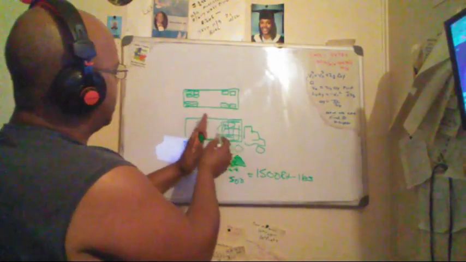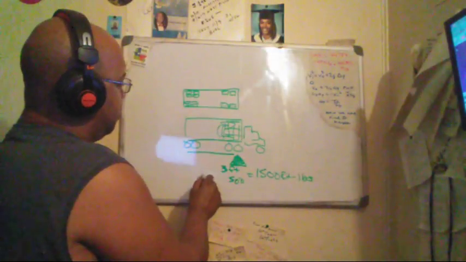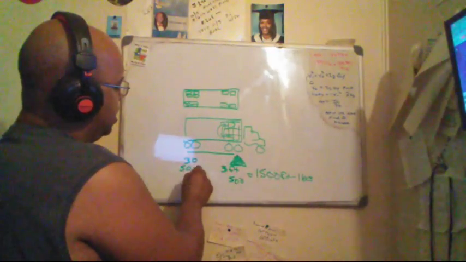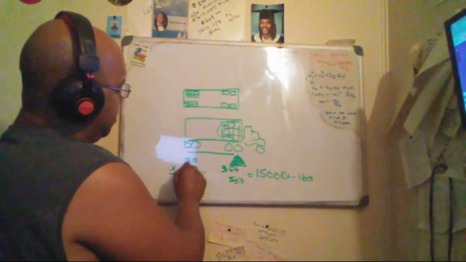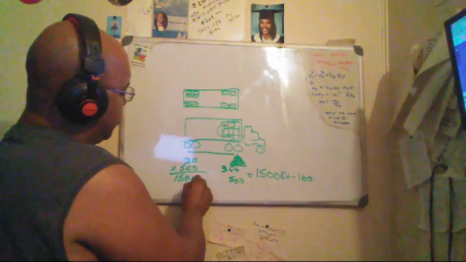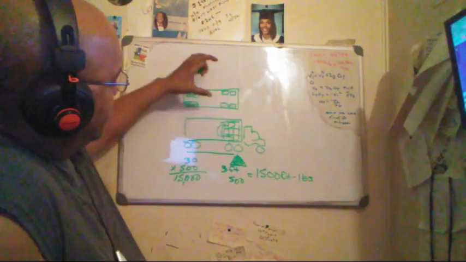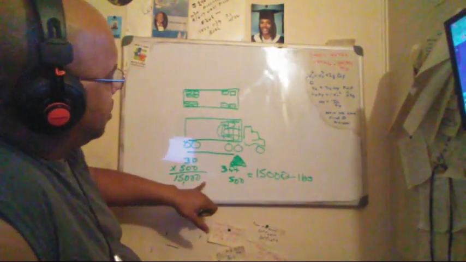If I put it back 30 feet, then 30 times 500, 5 times 3 is 15, and add my 3 zeros. This would actually be causing a force of 15,000 foot-pounds.